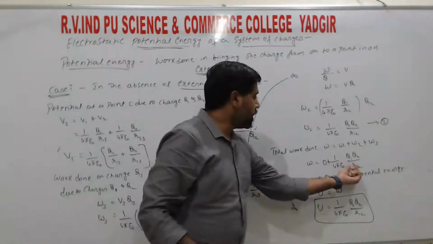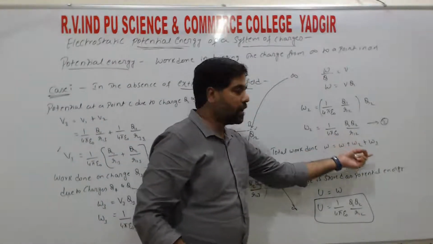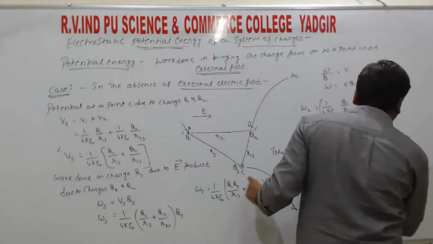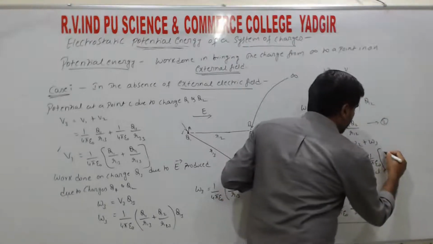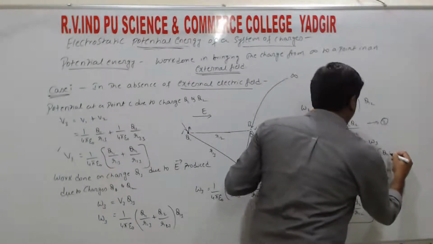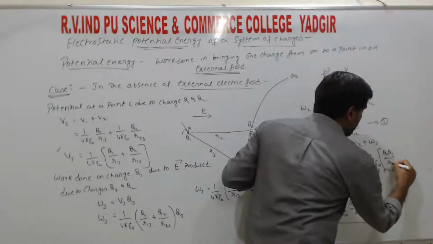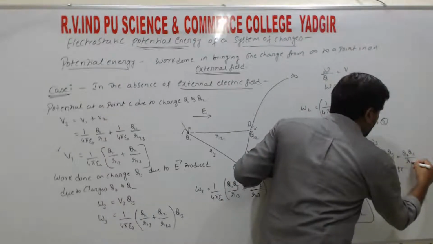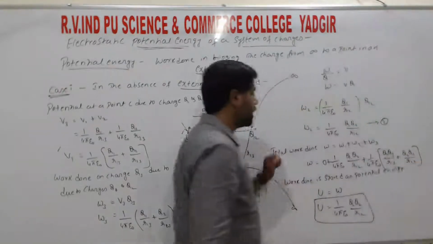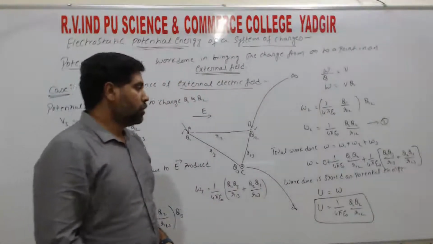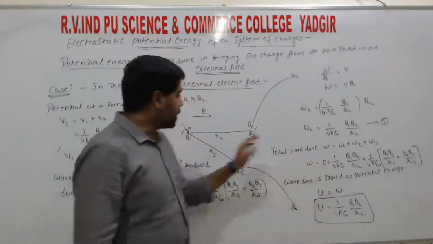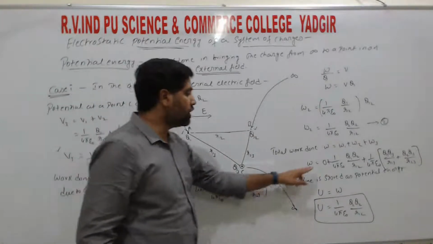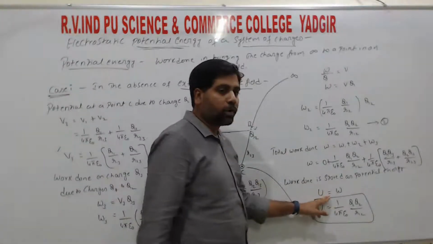So 0 plus W2 and W3 is plus 1 by 4 pi epsilon naught, within the bracket Q1 Q3 by R13 plus Q2 Q3 by R23, right? So this gives the total work done due to the system of three charges. This work done is stored as the potential energy.